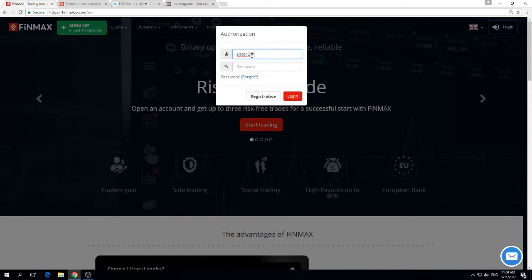Let's check if it's not too late. Well, let's try to enter, but probably we wasted the opportunity to enter for that asset. So the first trade is for USD JPY, 1 minute up, and I'm entering for the minimum amount.